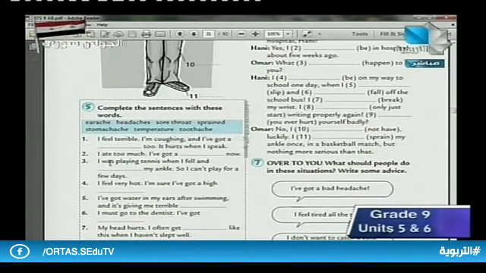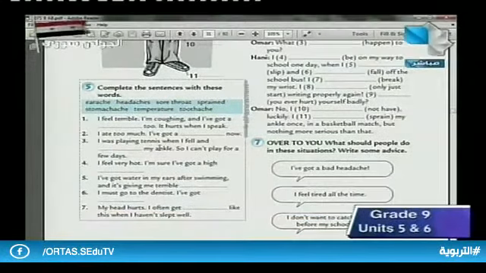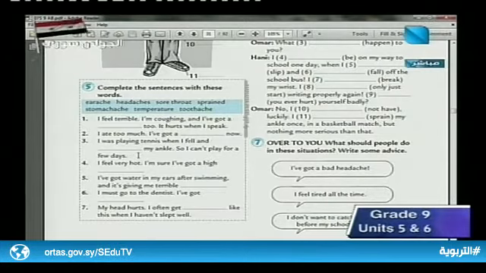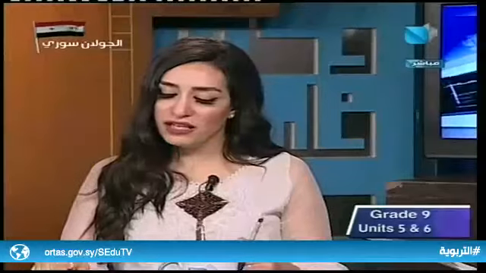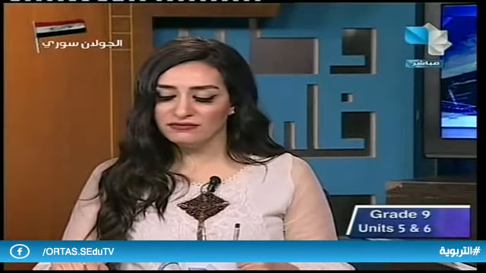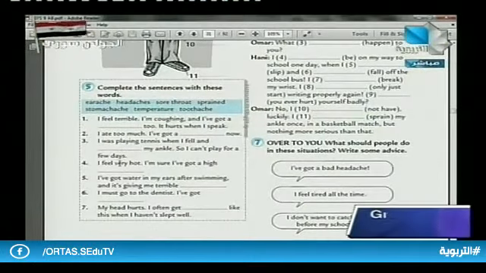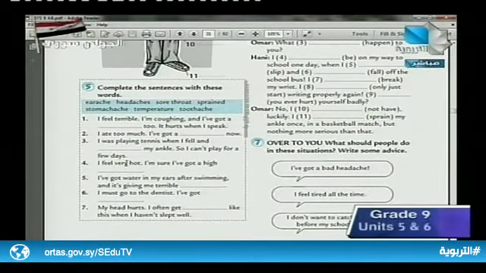Number 3: I was playing tennis when I fell and sprained my ankle. So I can't play for a few days. The same applies to the word sprain, because he played tennis, he sprained his ankle. Number 4: I feel very hot. I'm sure I have got a high temperature.